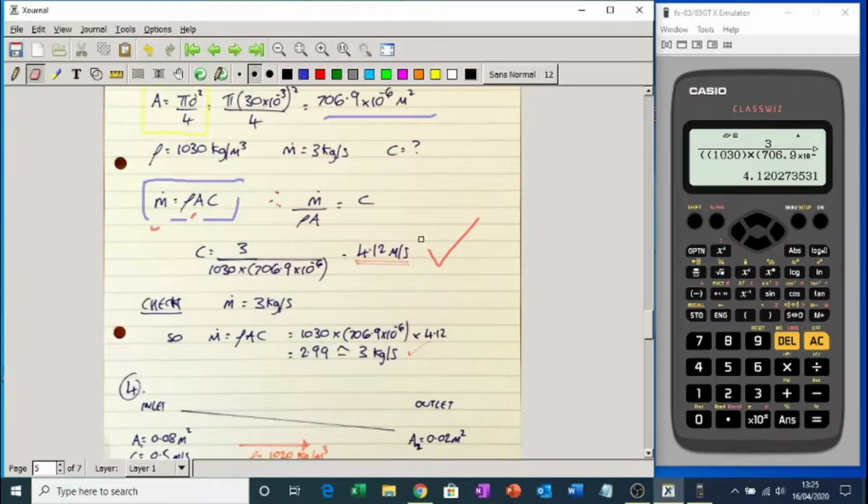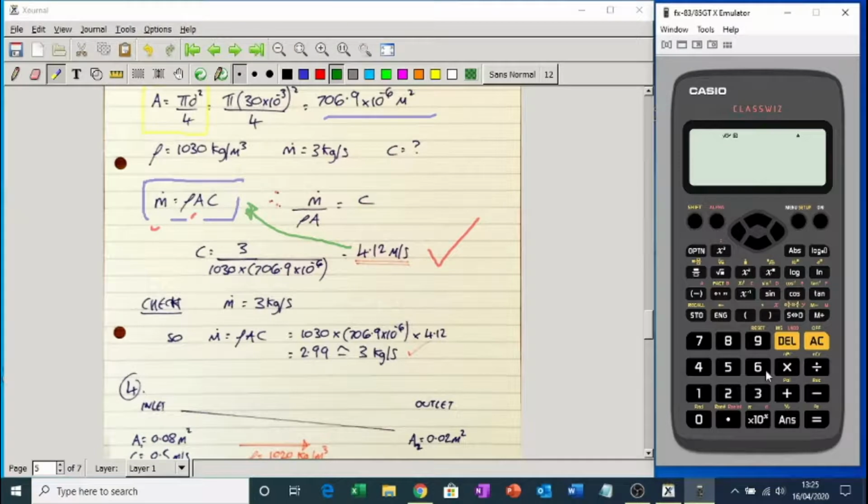So to check my speed, if I pretend I didn't know what that was, if I put this 4.12 back into this formula, do I get 3? Are you with me? So the mass flow rate is density, area and c, which is velocity. So 1030 times that times 4.12. Now if I get 3, which I do, roughly, I know I'm correct.